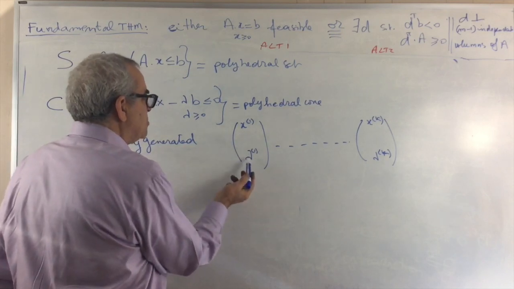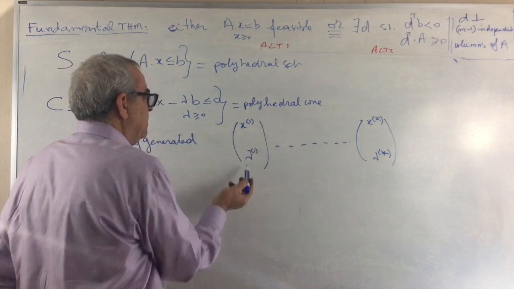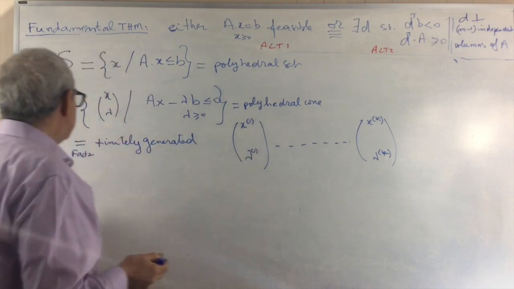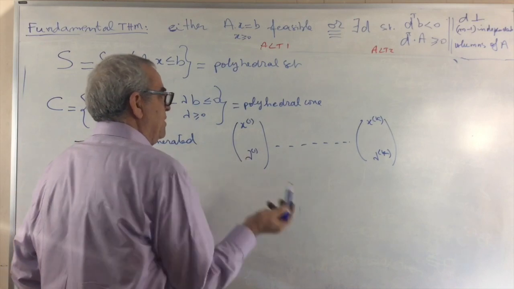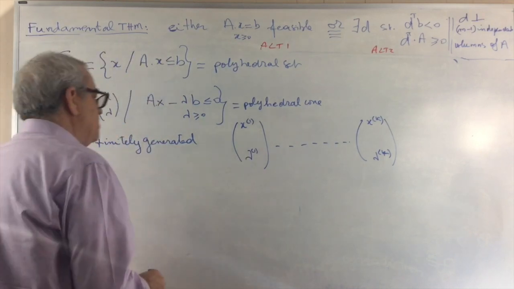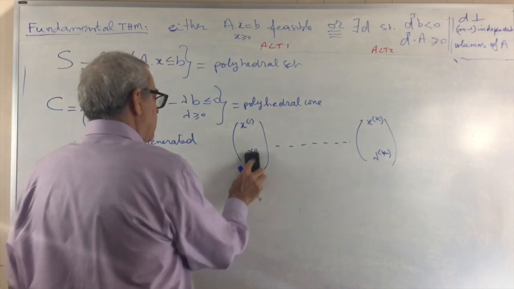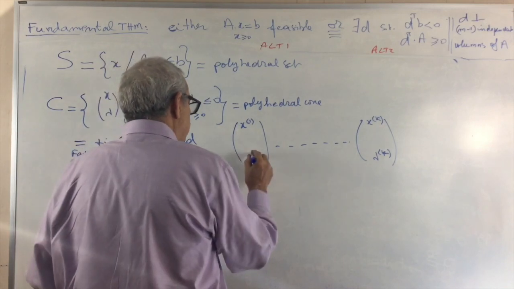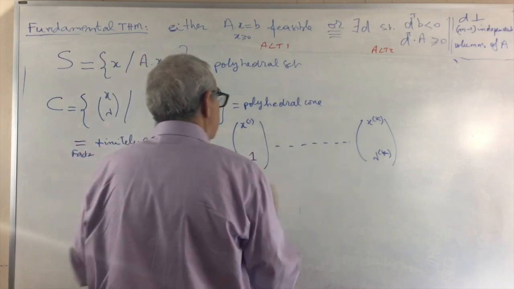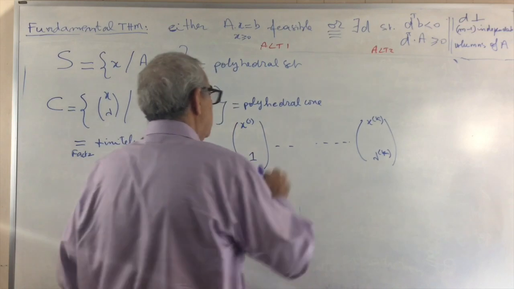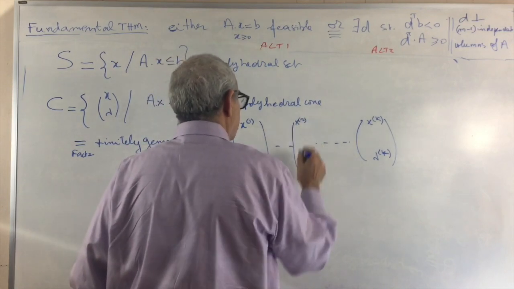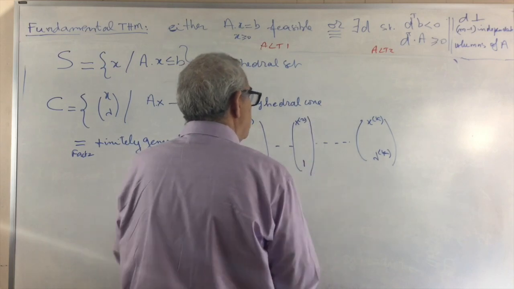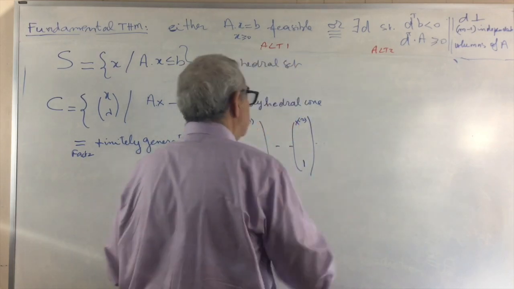So I could assume it's 1 by just dividing by lambda, because we're dealing with a cone, right? So by normalizing this to 1, it's the same cone. So I'm going to assume that the first r are 1 and then the other ones are zeros.